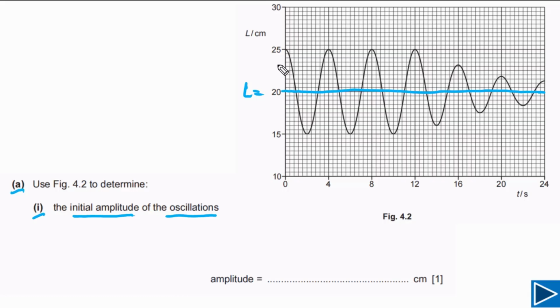So the maximum displacement of this trolley from equilibrium is 25 minus 20, so that is 5. So it's better to write down 5.0 centimeters. So this is initial amplitude of oscillation. This question has only one mark, and that is answer mark. If you have written 5.0, you will get this 1 mark.